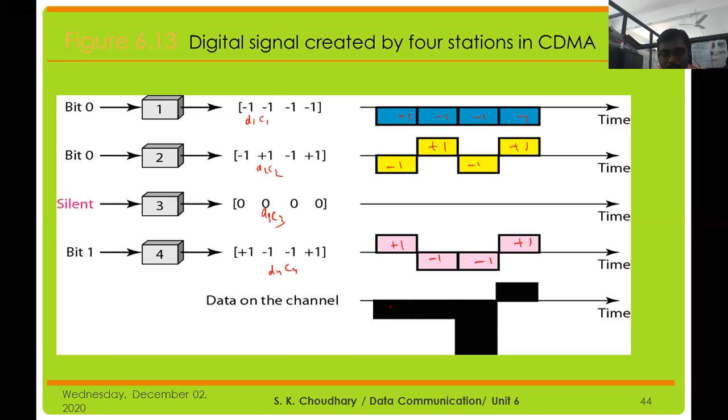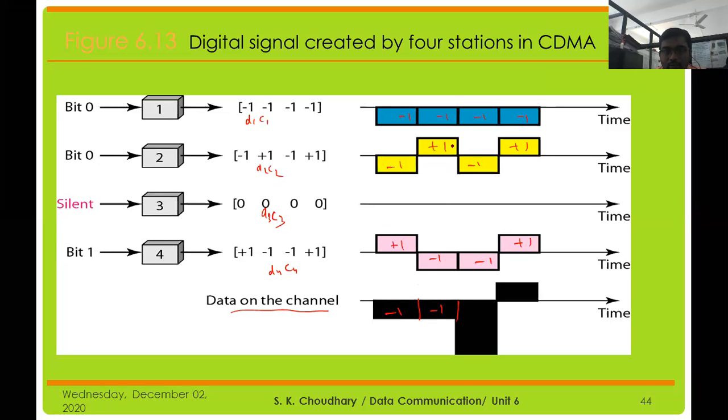Now the corresponding data that is available on the channel is the addition of all these 4. So it would become -1, -1 means -2, +1, -1. So finally it would be -1 here. Then in this case again, these 2 are cancelled, but -1 is there.